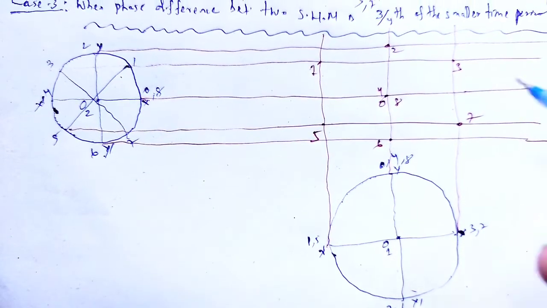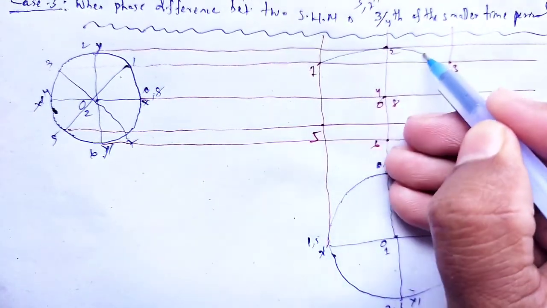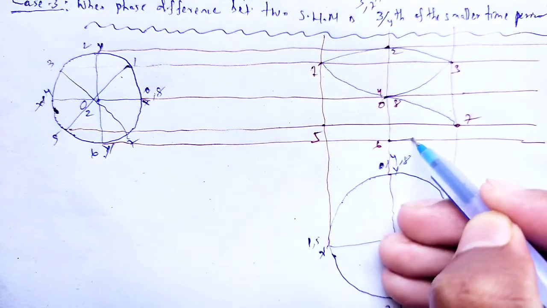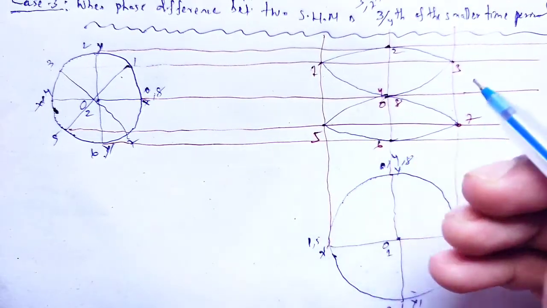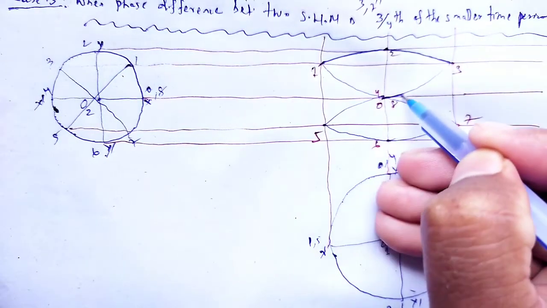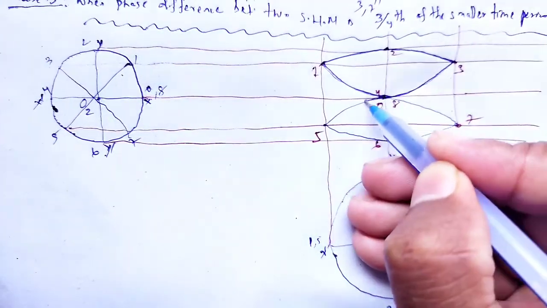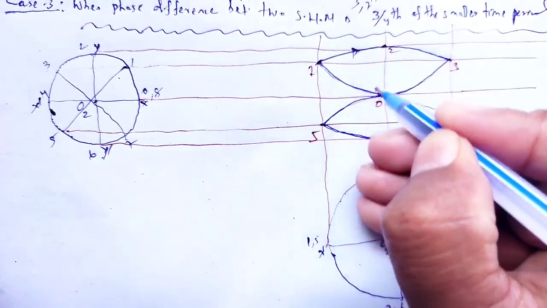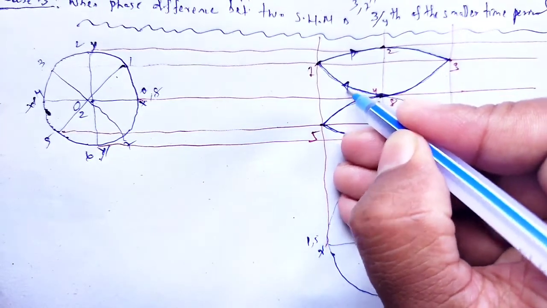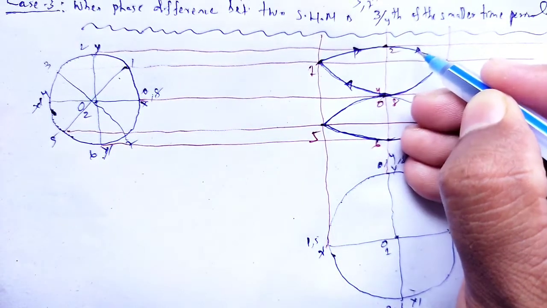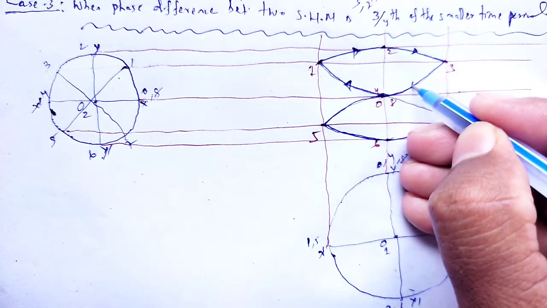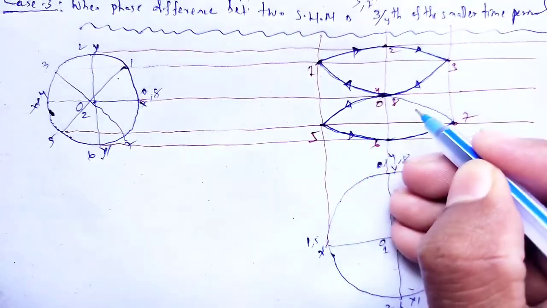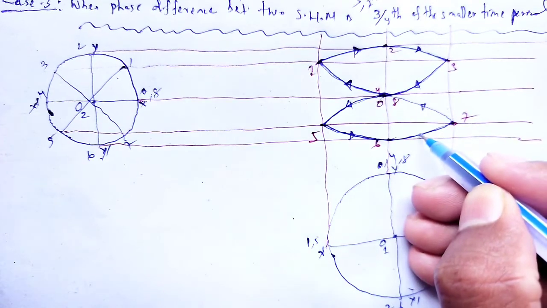Now join the points. The points are joining just like an 8 shape. That will be the Lissajous figure when the phase difference between the two SHM is 3/4 of that of the smaller time period.